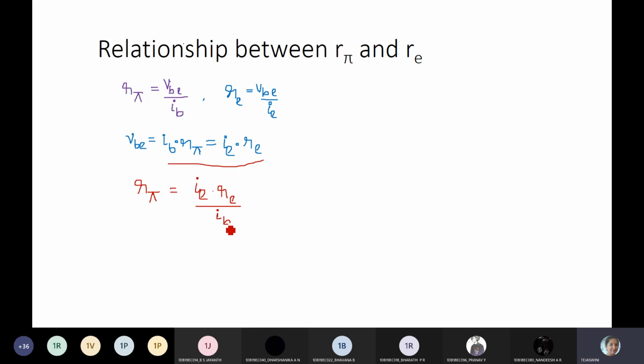Now, what is IE and what is IB in terms of alpha? Alpha is IC by IE, right? Yes, ma'am. From this, what is IE? IE is IC by alpha.